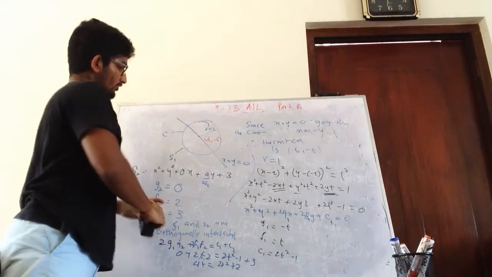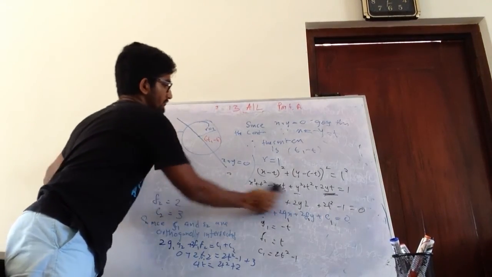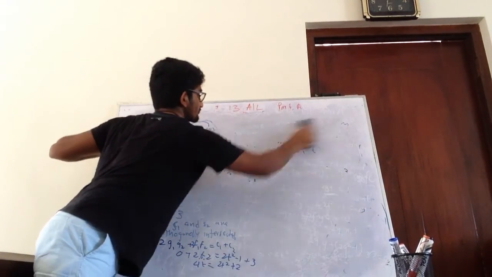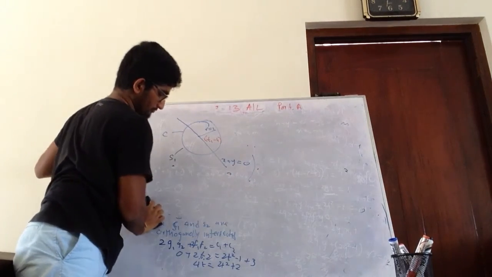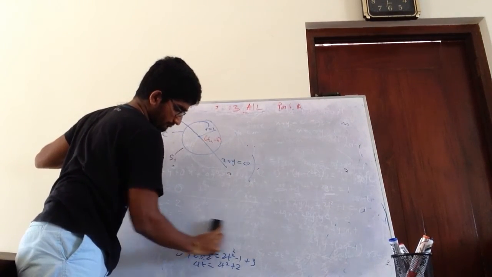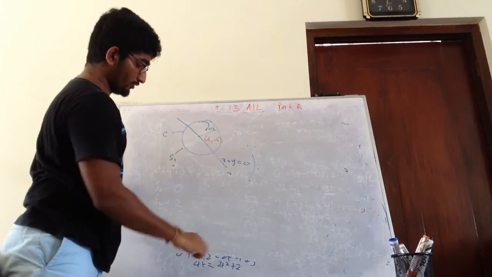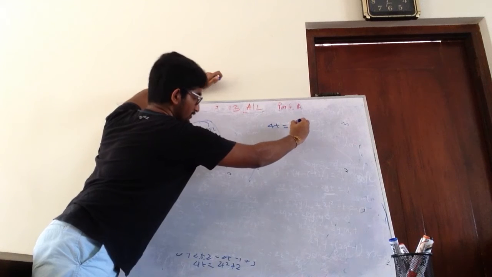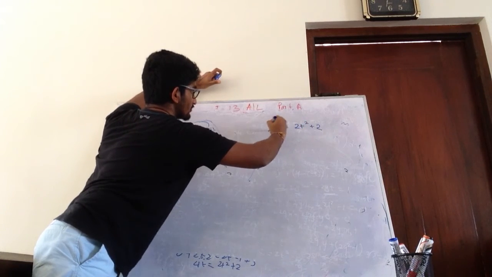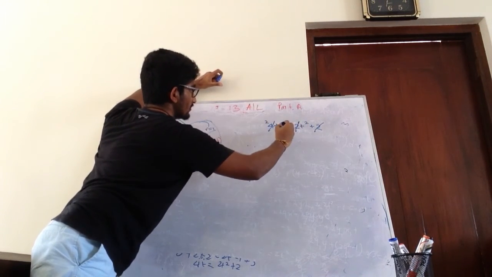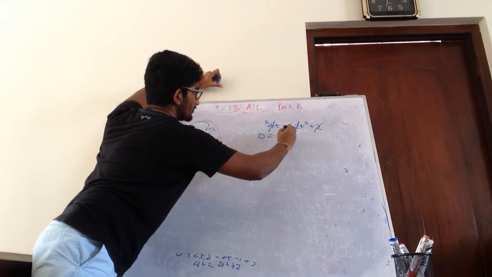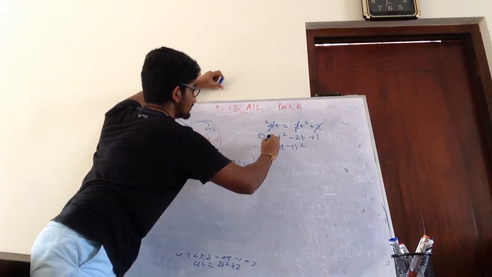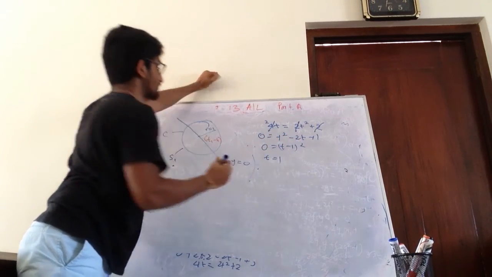Right, so now we have got this. That means 4t equals 2t square plus 2. So it is going to be t square minus 2t plus 1, that is (t minus 1) square equals 0, that means t equals 1.